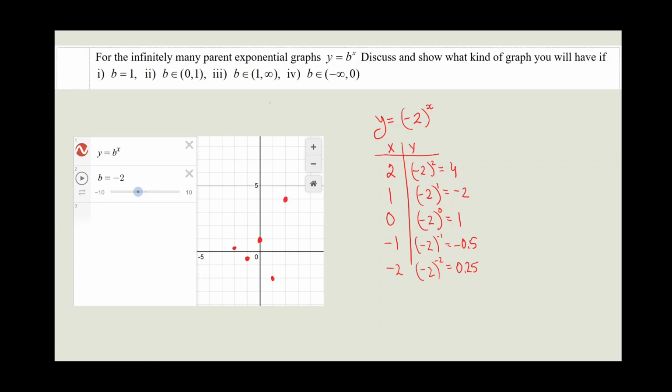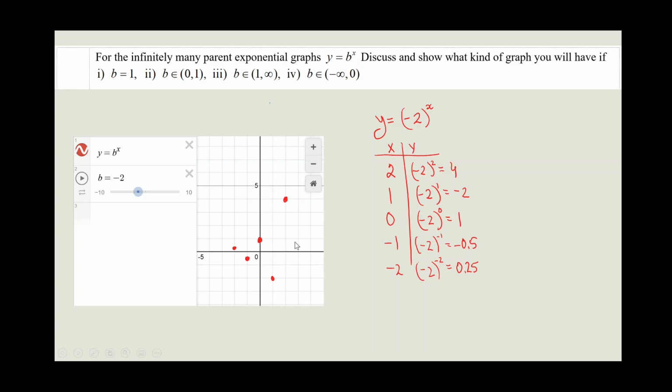Here's the weird part that happens here. We're going to have some positives. For example, negative 2 squared, anything squared is positive, so we have positive 4. And then negative 2 as an exponent just makes it a reciprocal, but it's still going to be squared, so it's also positive. So there's a bunch of positives and also negatives. It's going to bounce up and down, up and down, up and down.